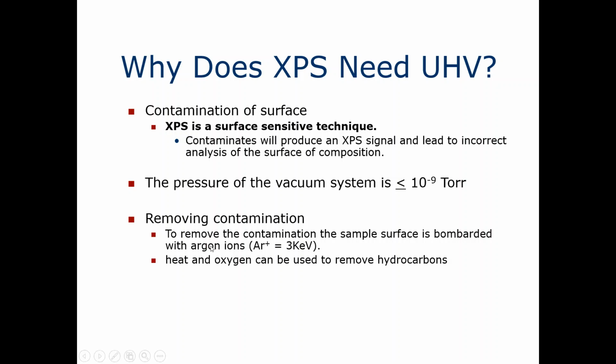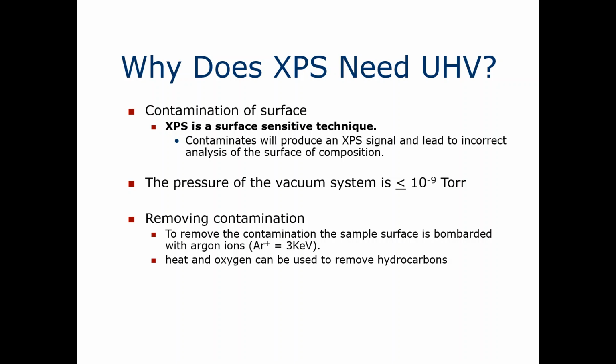The sample surface can have hydrocarbon, and it can have oxygen. Those contaminants we can remove with the help of argon ions. The argon ion should have an energy of 3 kilo electron volt. Heat and oxygen can be used to remove the hydrocarbons. We can utilize argon to remove the contaminations.